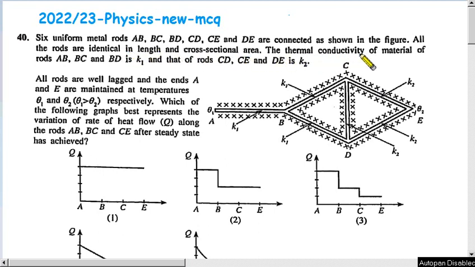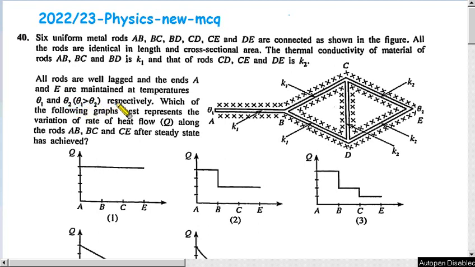The thermal conductivity of the material of rods AB, BC and BD is K1 and that of rods CD, CE and DE is K2. All rods are well lagged and the ends A and E are maintained at temperatures theta 1 and theta 2 respectively, where theta 1 is greater than theta 2.